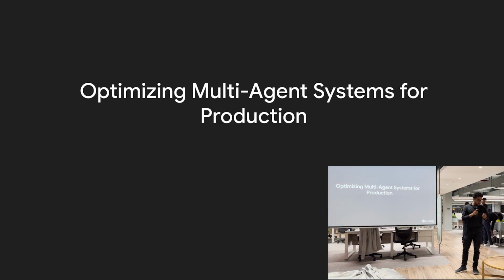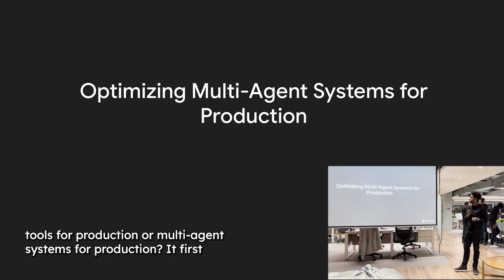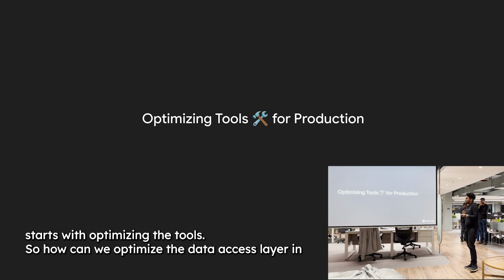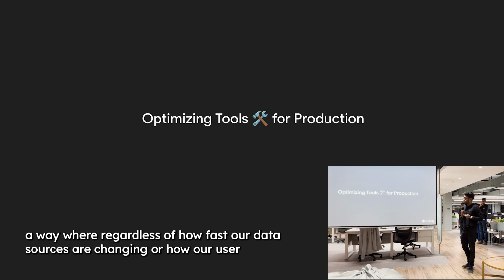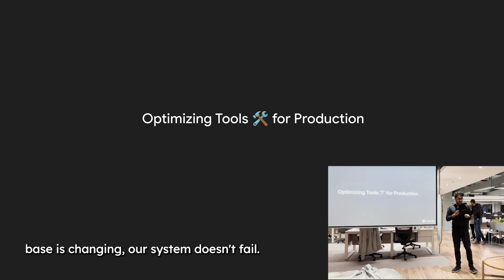So, how can we optimize multi-agent systems for production? It first starts with optimizing the tools. How can we optimize the data access layer in a way where, regardless of how fast our data sources are changing or how our user base is changing, our system doesn't fail?